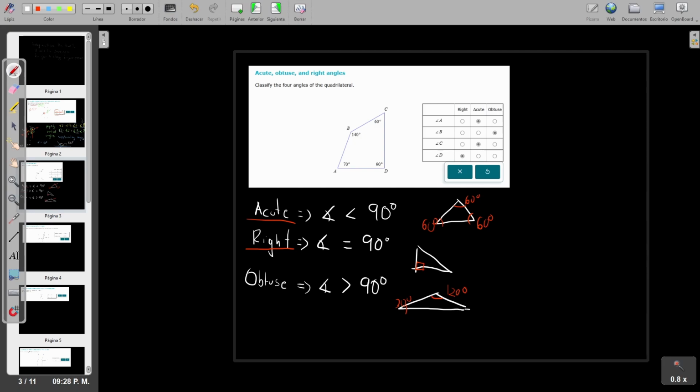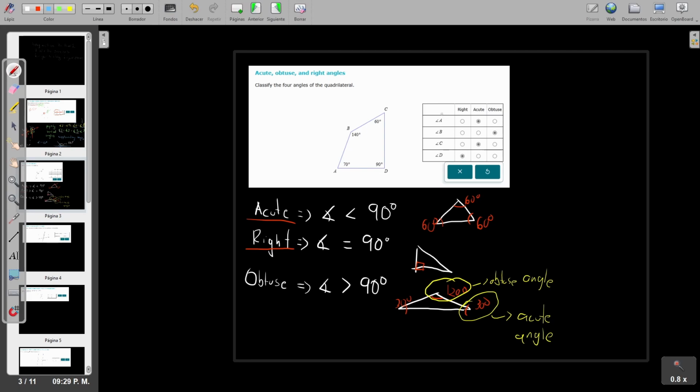We can continue with this one. This one is going to be also 30 degrees, but we need to focus on this part. As we can see, this is bigger than 90 degrees, so this is the obtuse angle. So this one, as this is less than 90 degrees, this is an acute angle.